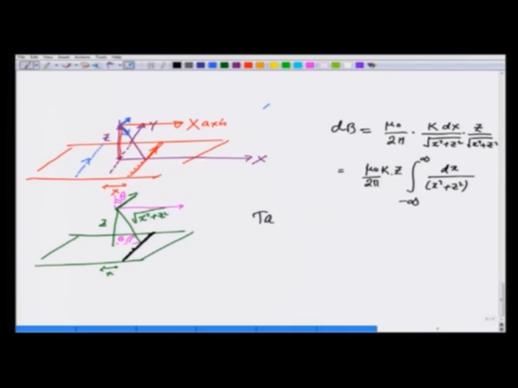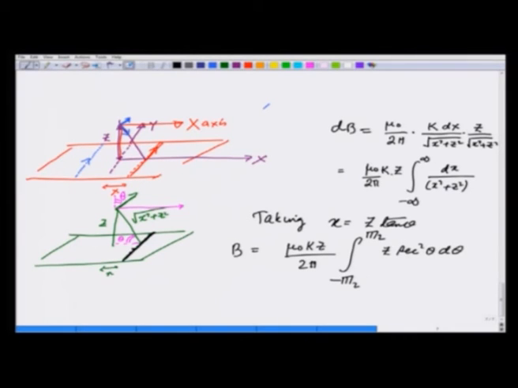Taking x equals z tangent theta, this integral can immediately be changed to mu naught k z over 2 pi, minus pi by 2 to pi by 2, z secant square theta d theta over z square secant square theta.